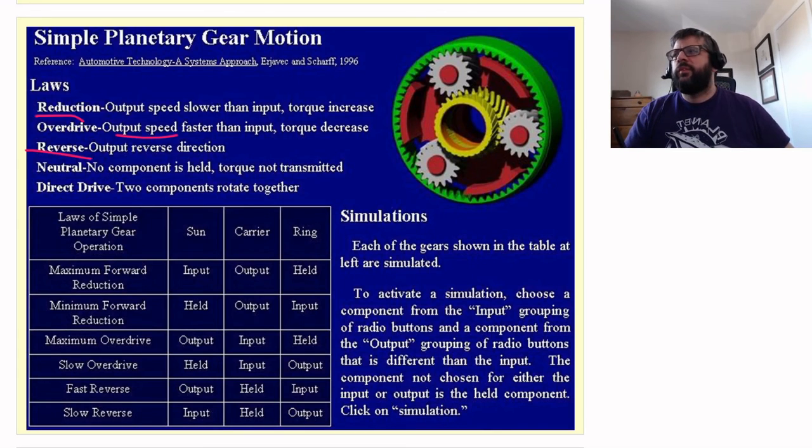Reverse, switching our directions. Neutral, if you don't hold anything, then no torque gets transmitted and everything spins uselessly. And then direct drive is basically locking the input to the output via these clutches and brakes. So some examples of ways you could accomplish this.